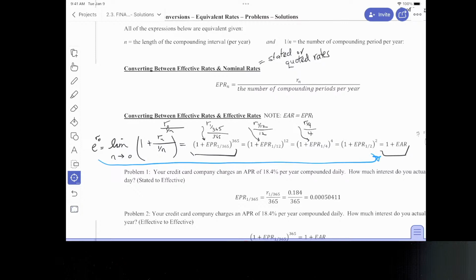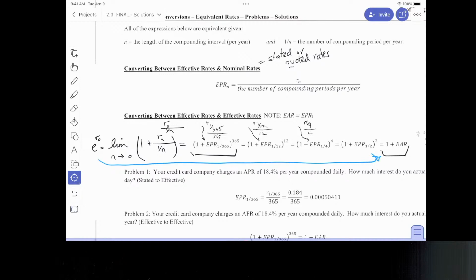And then because of that, I can take the continuously compounded rate and convert it to an effective annual rate. And I might want to do that because I want to compare the offers, right?